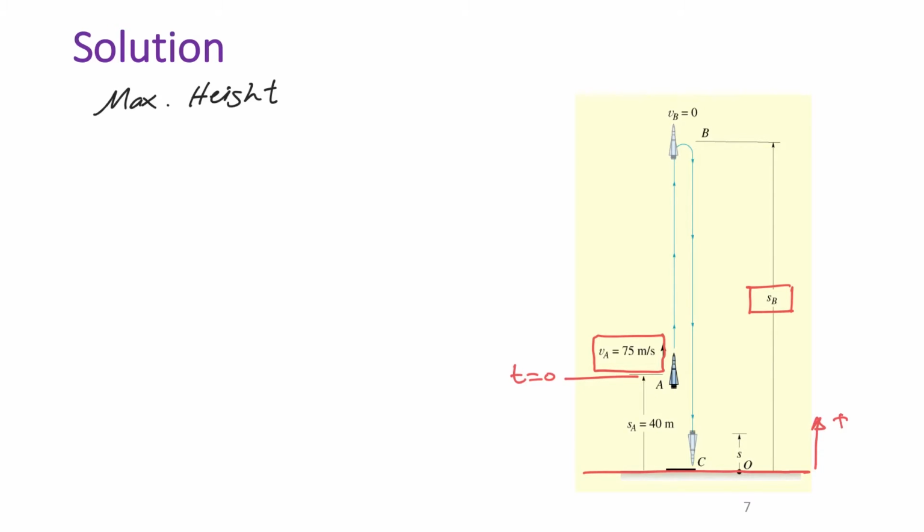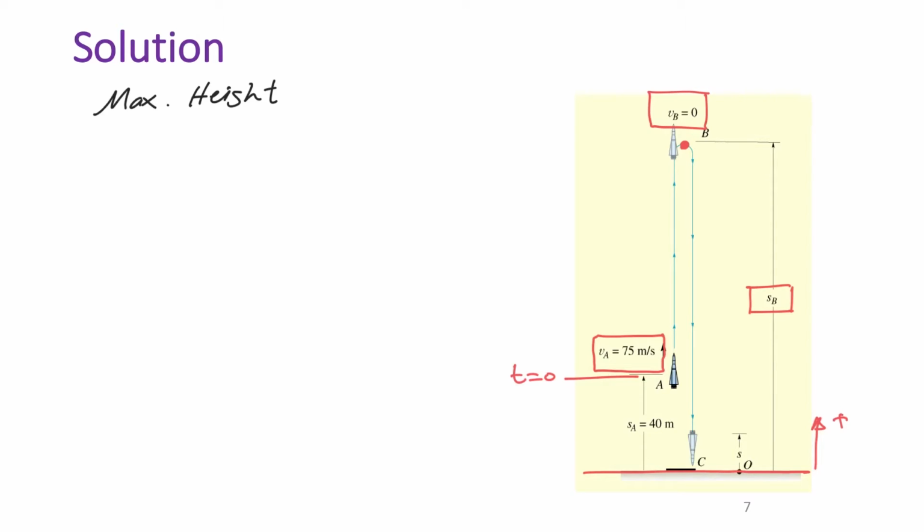This distance, which is the maximum height, is called SP, because the point at this position right here is P. Also, the rocket will move upward until it reaches point B, and when it reaches point B, it will have a velocity VB, which equals 0. Then it will start moving downward.